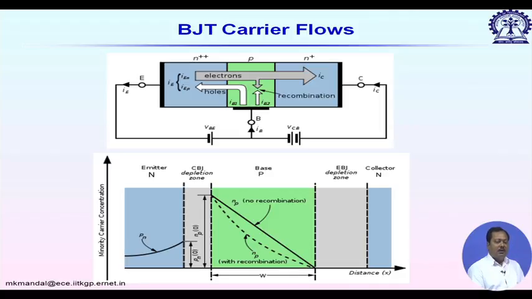One solution is that we can increase doping inside the base, but if we increase doping inside the base, then the hole current which drifts from base into the emitter will increase. So, the reverse saturation current will increase. So, we just can't keep on increasing the doping concentration inside the base.